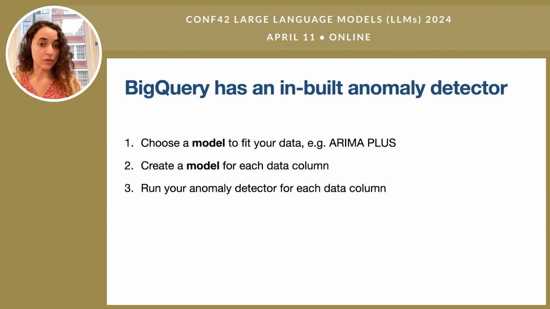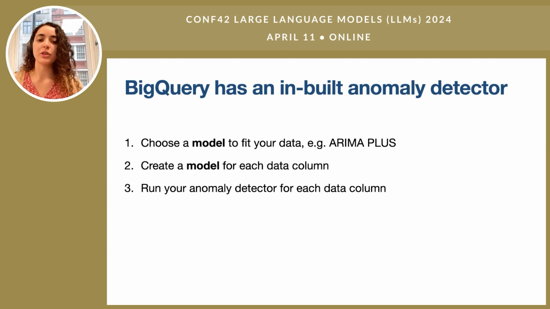The second thing you have to do is then create a model for each of the data columns. If you remember, when we were looking at that energy generation CSV, we had multiple columns to do with generation, to do with consumption, to do with capacity. All of that existed within the CSV. Now we're going to have to create a model for each of the data columns using this inbuilt anomaly detector.